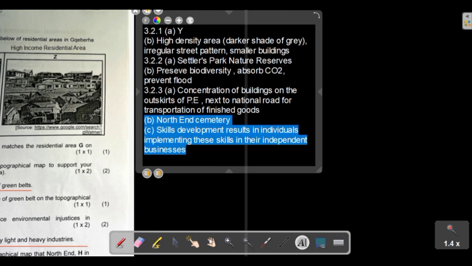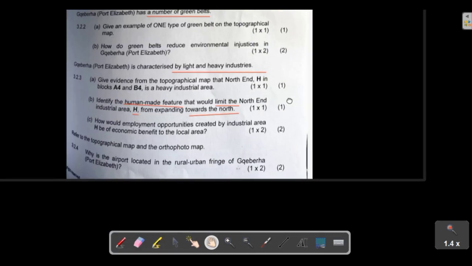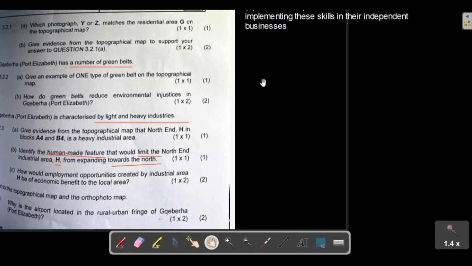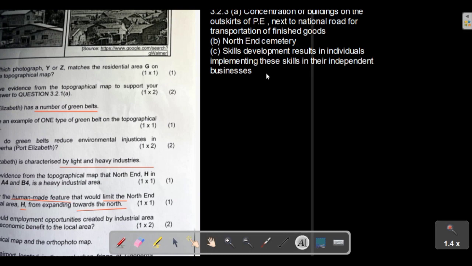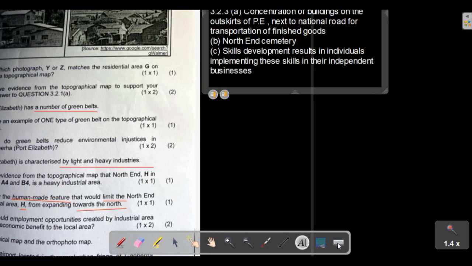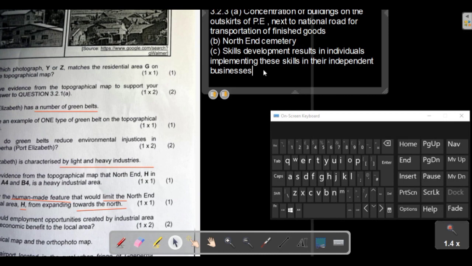Oh actually no, I didn't. That's fine. In their businesses, so that way they make money, generating income. You can write increased buying power. So that's how they benefit.